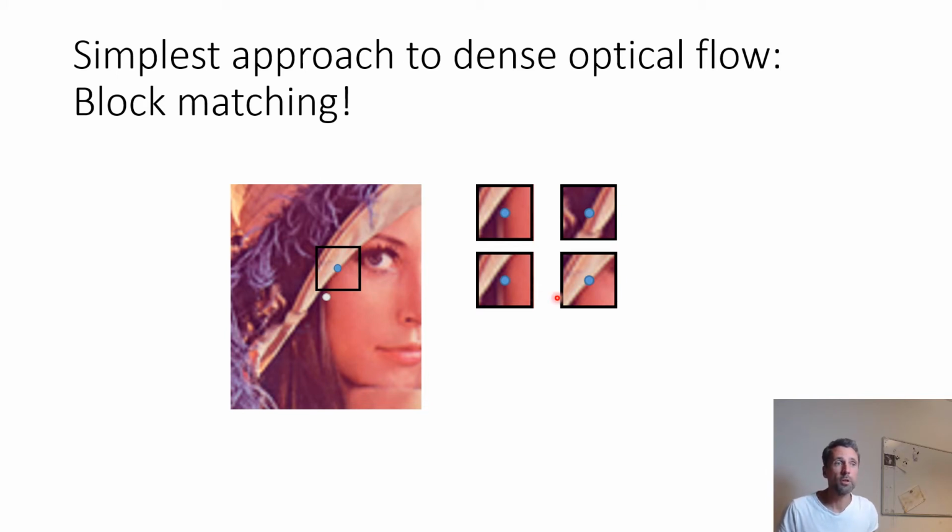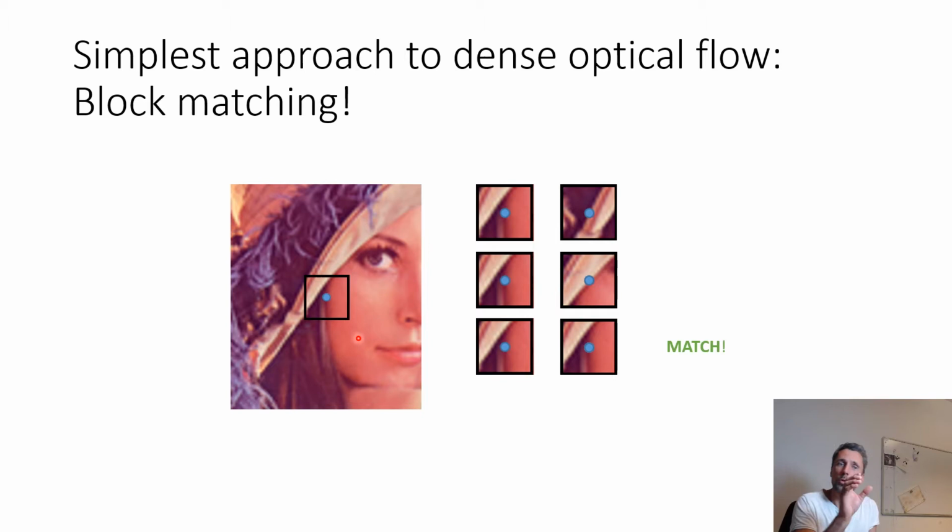So for example, that region here, yeah, it looks almost the same. It has some skin color here, and then this sharp edge of the hat here, but it's not the same. And so what we'll do is we'll shift our search window around our initial position, and then we'll hopefully match with that target position, that position that is the actual sought displacement of the original position.